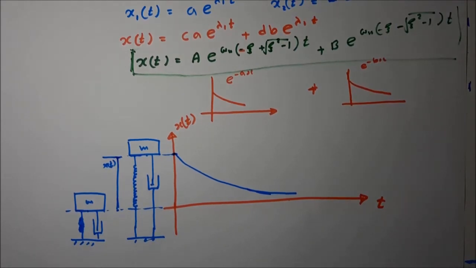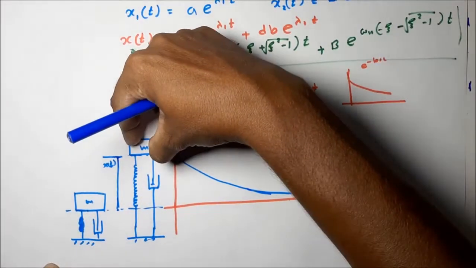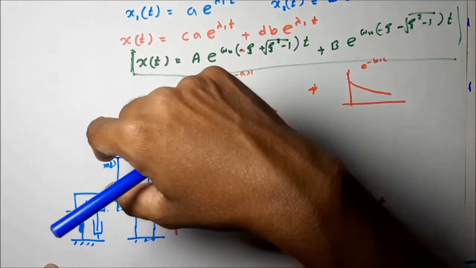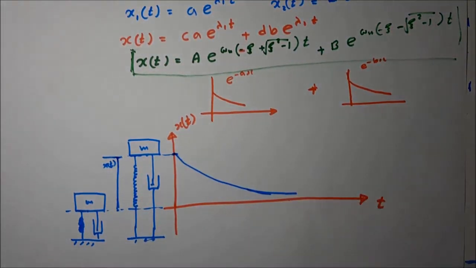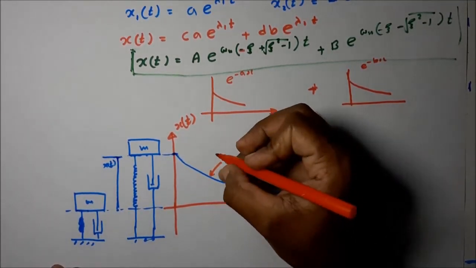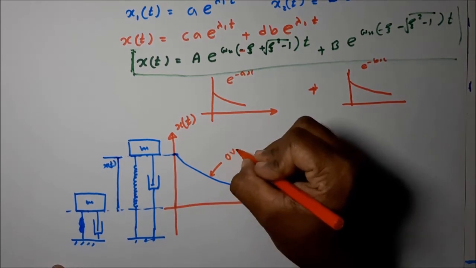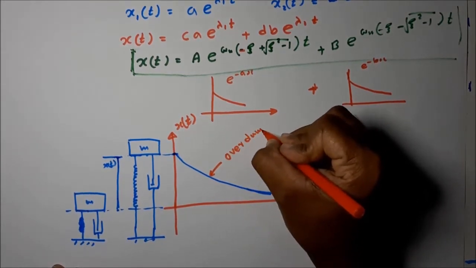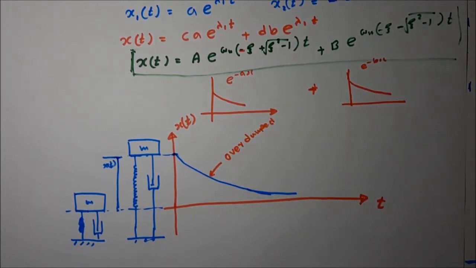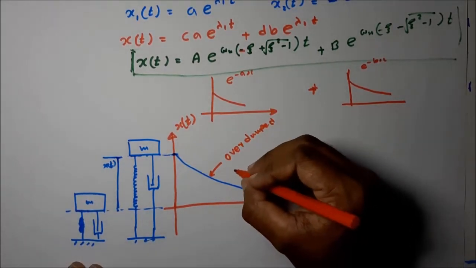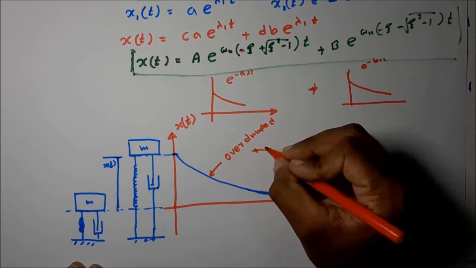This is how the system behaves. If we stretch this mass to this kind of position, then release, it follows this curve. This situation is called the overdamped situation, because damping is heavy.